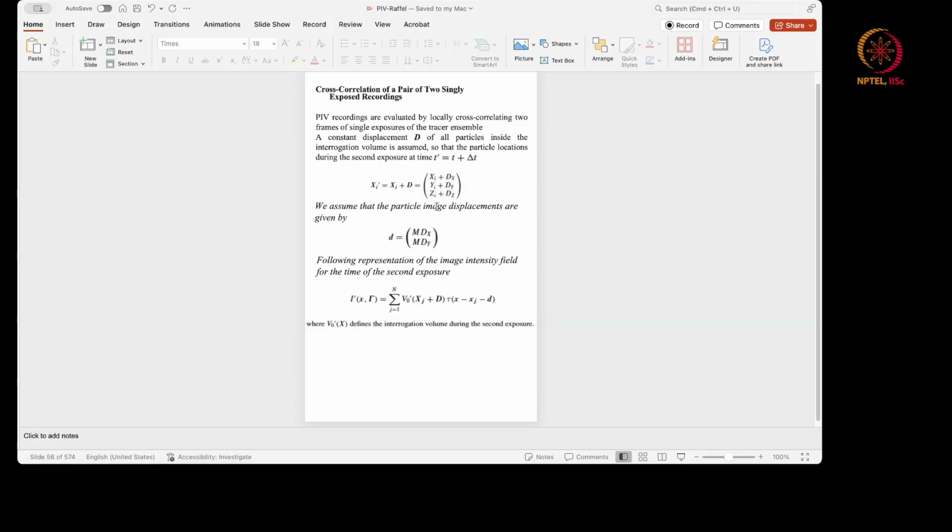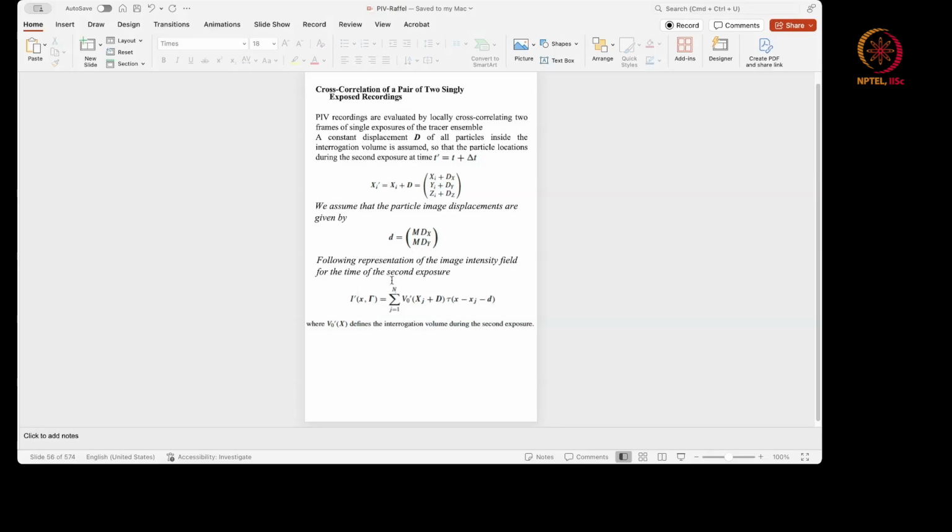Now we assume that the particle displacements are in the image displacement. We have small d, which is the magnification times the capital D. Here we have neglected the out of field velocity components, as you can see.